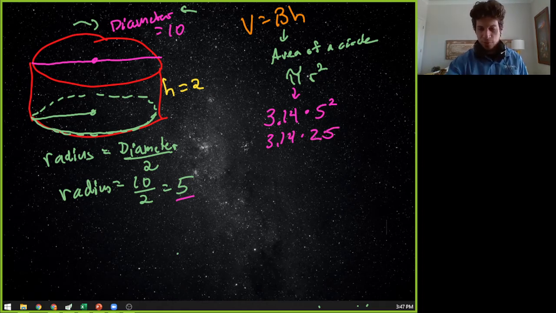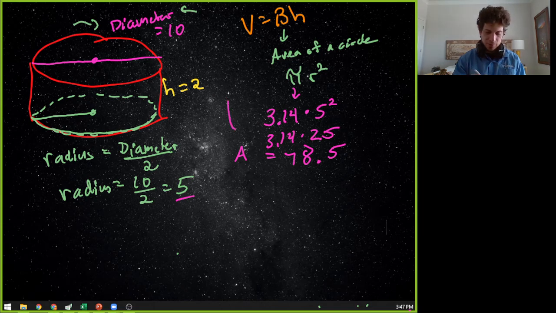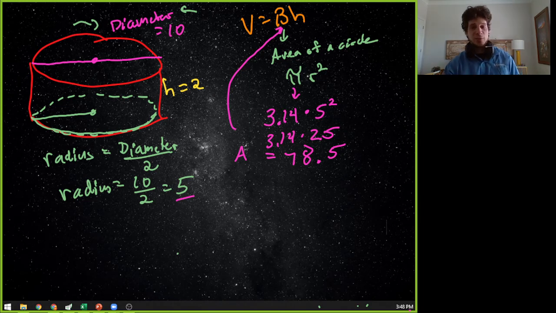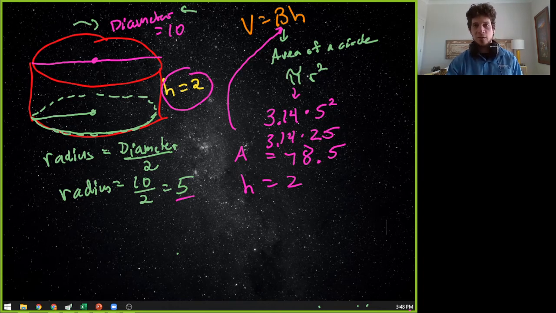And 3.14 times 25 equals 78.5. And this is the area of our circle. So this is the b in our equation. In order to get the volume, we need to multiply this by the height. We know the height is equal to 2. That's right here.